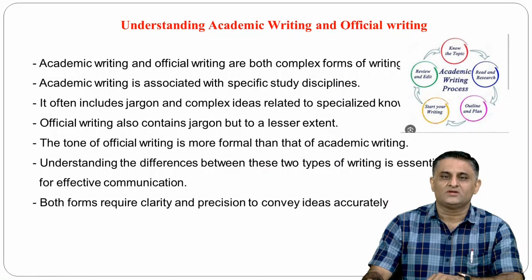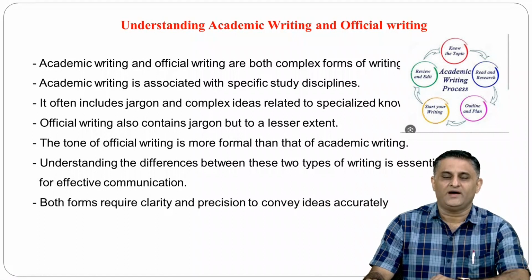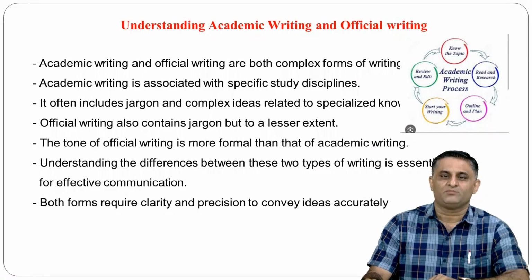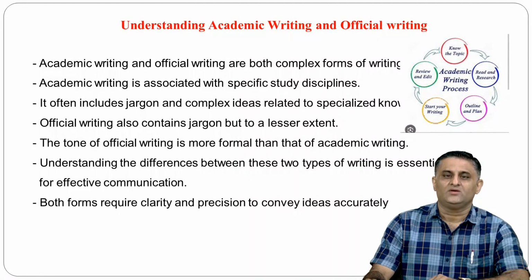Academic writing is closely associated with specific study disciplines, often incorporating specialized jargon and complex concepts relevant to the field of study. It aims to communicate advanced ideas, theories, and research findings in a precise and structured manner. Whereas official writing also involves jargon but is generally less specialized and is primarily used in formal settings such as government, business, and legal communications.